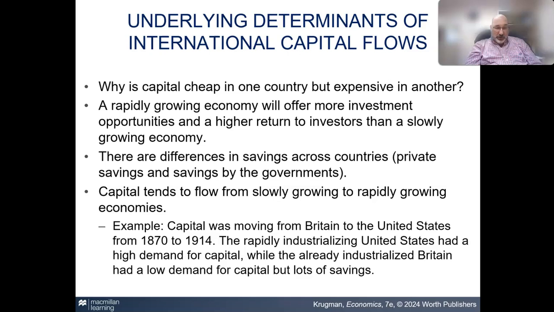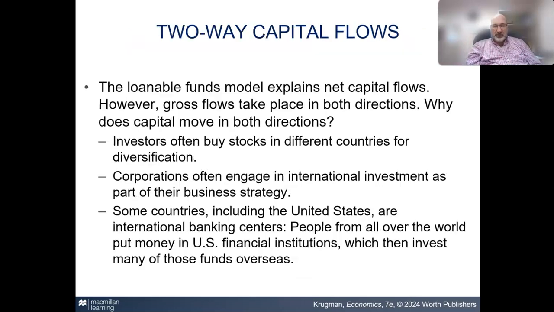So in real life, capital was moving from Britain to the US from 1870 to 1914, so like the end of World War I. So the rapidly industrializing US had a high demand for capital, while the already industrialized Britain had low demand for capital, but a ton of savings. So that's where we were.